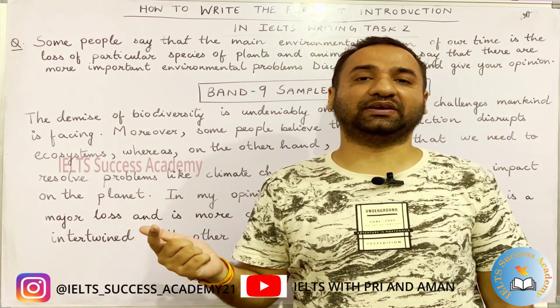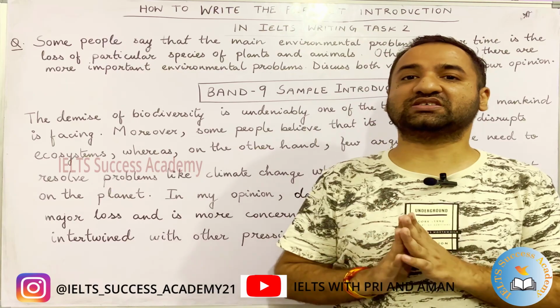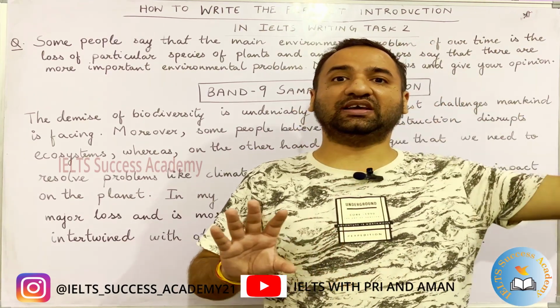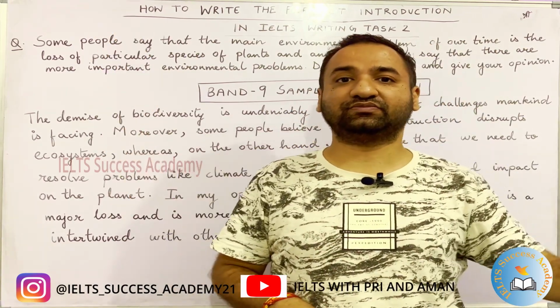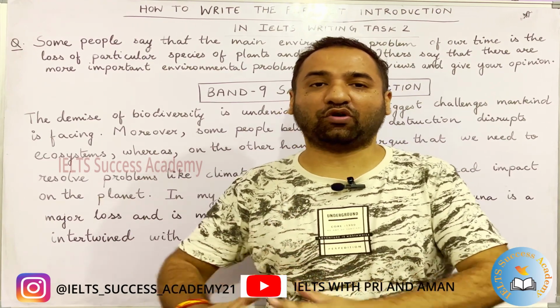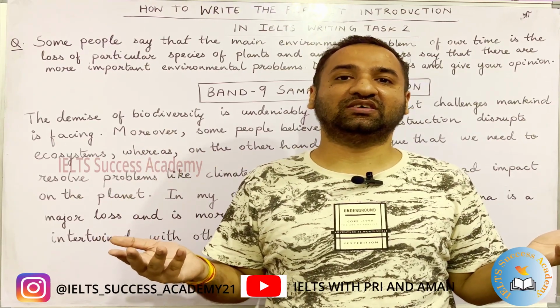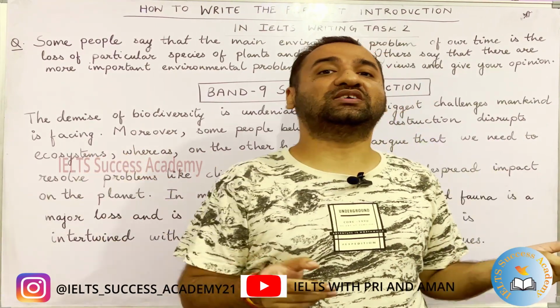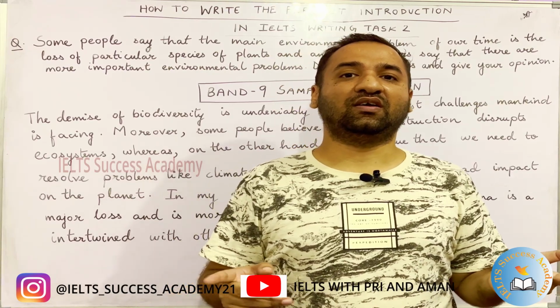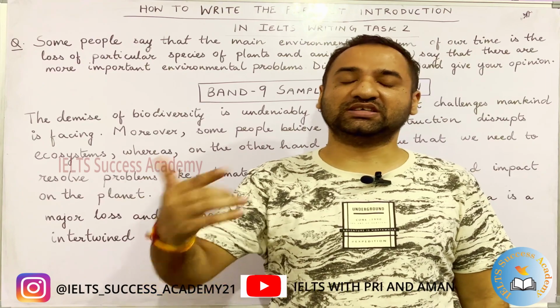Ecosystem is disrupted. What is an ecosystem? An ecosystem is a system whereby environments are interconnected with each other. If the water level rises due to increased climate change, then ecosystems are destroyed. If ecosystems are destroyed, then there is loss of biodiversity. See the link.